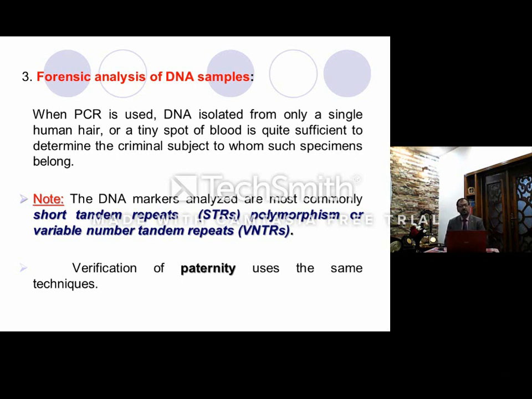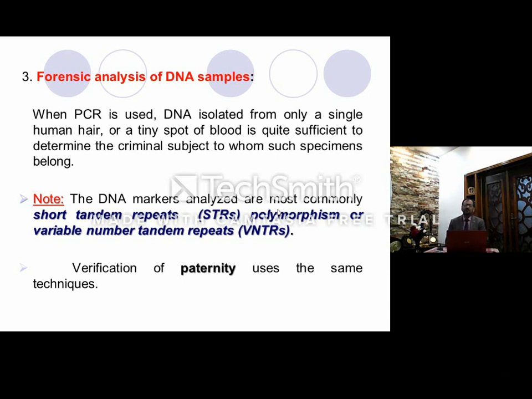And actually this relies on detecting what's known as short tandem repeat polymorphisms, or variable number tandem repeats. These are of different types, but we call them microsatellites or minisatellites. By that we mean a satellite is a tract of repeated sequence of DNA.